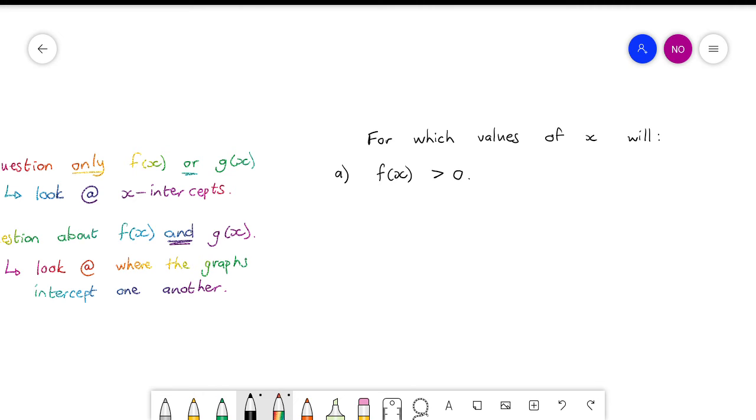Do you guys see? I'm only asking about one of the graphs. Not both of them, just one of the graphs. It's not f of x and g of x. So, waarna kyk ek dan? You look only at the x-intercepts. So, waar hy die x-as sny.